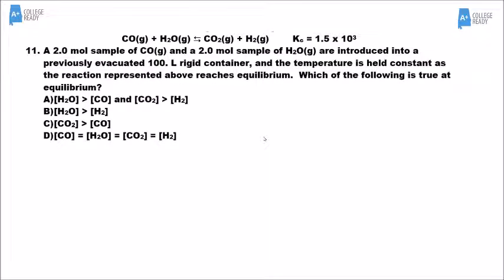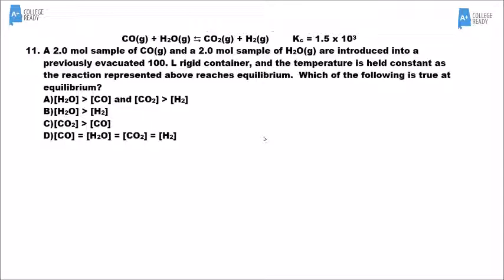This is a combination of an equilibrium problem and a little bit of stoichiometry. If you only have reactants going in, then at the end, you're going to have to turn some of those reactants into products. We know that the K value is greater than 1. In fact, it's 1500. A K value of 1500 means products are really favored and reactants not so much.